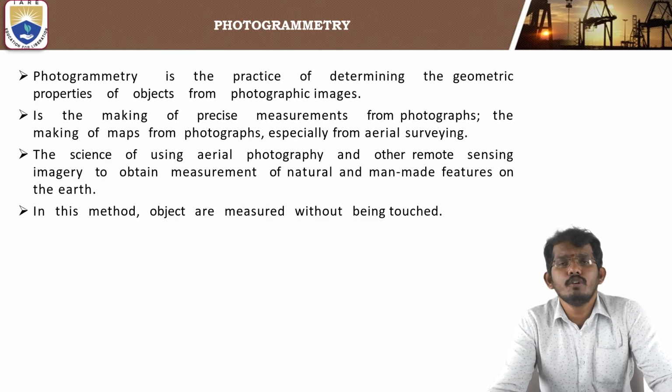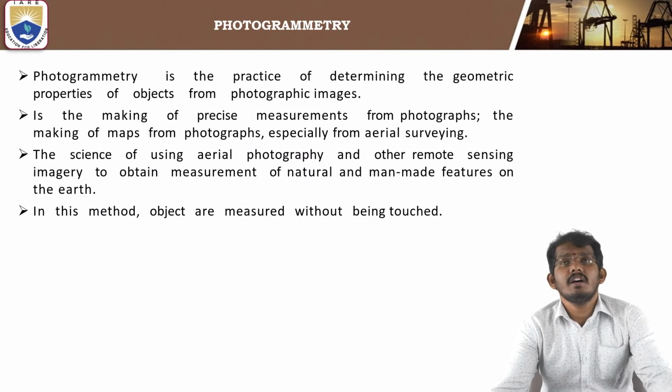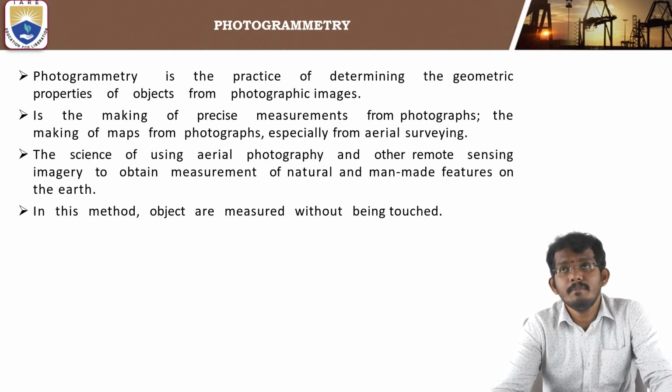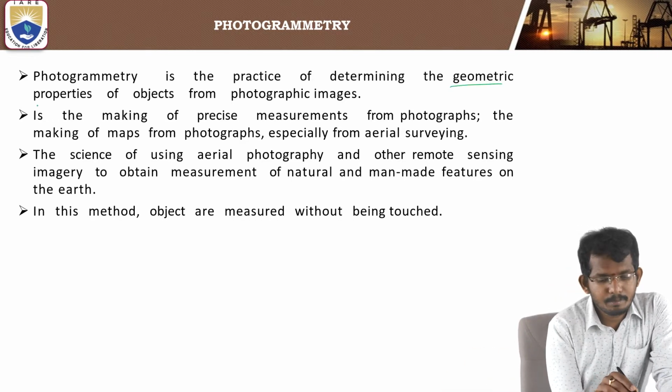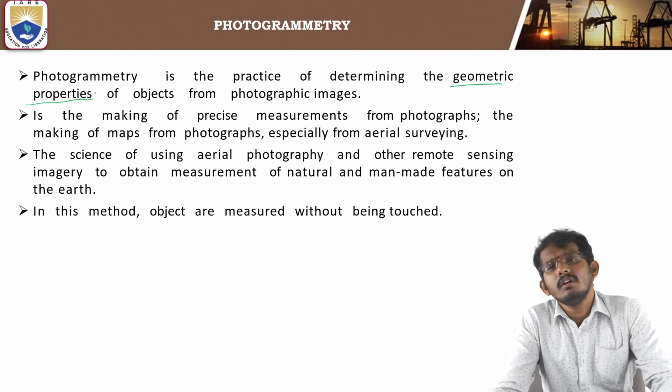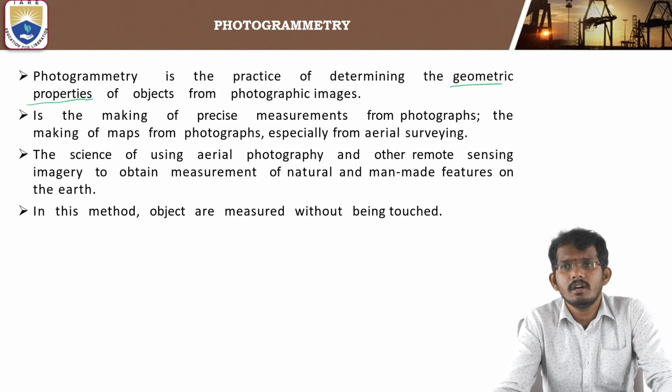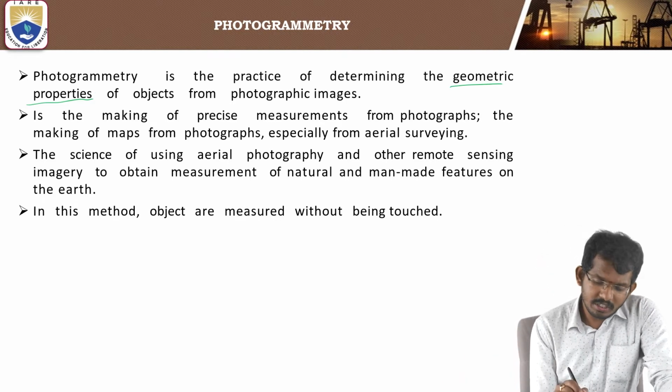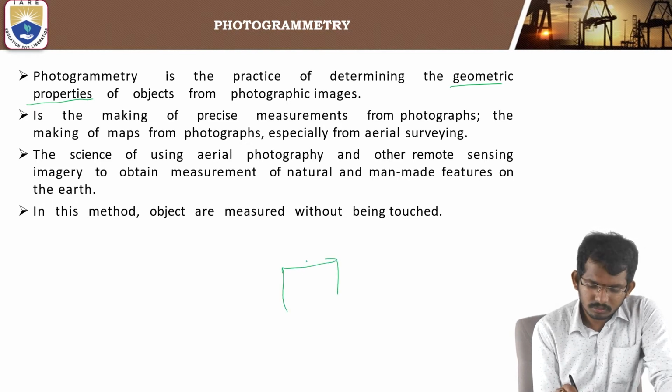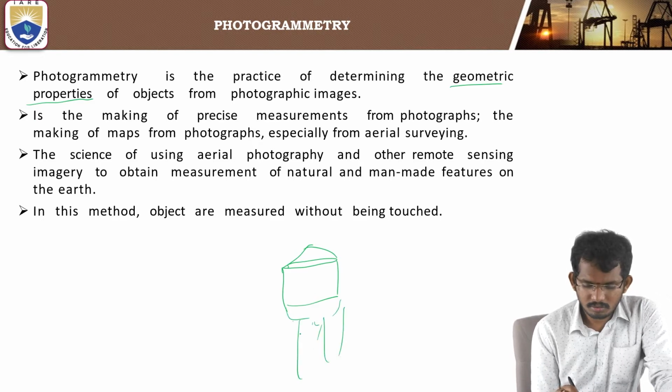Photogrammetry is a practice of determining the geometric properties of an object from photographs. Suppose there is a water tank somewhere on the ground.